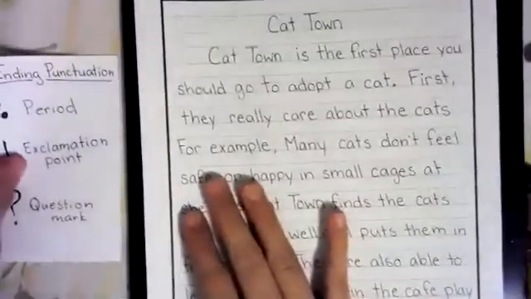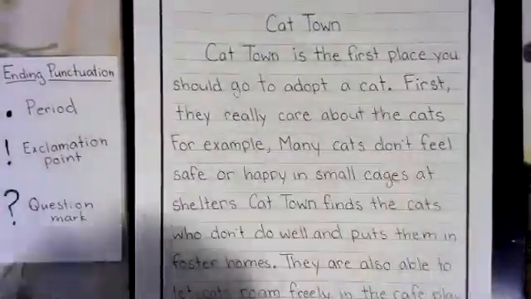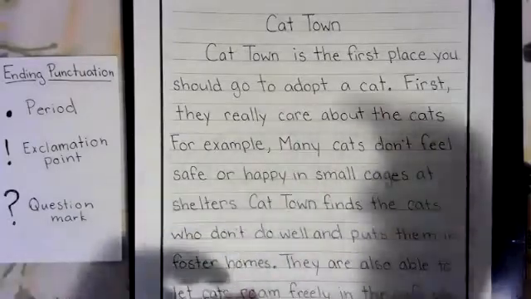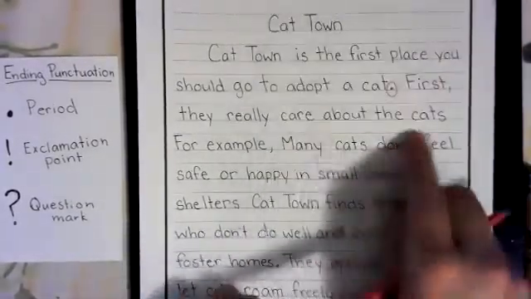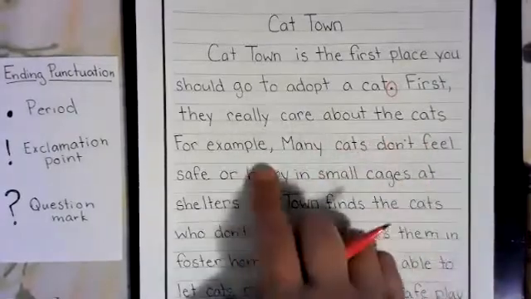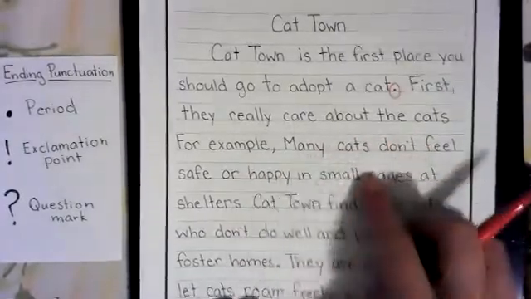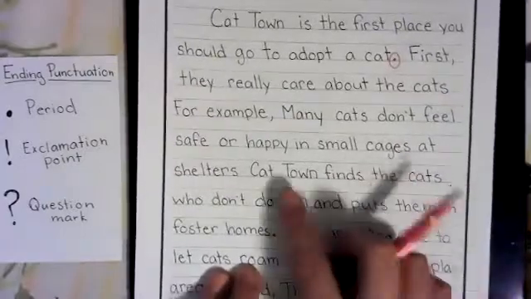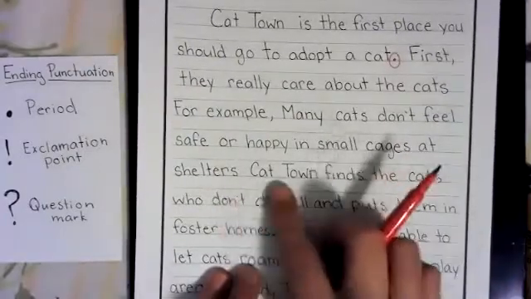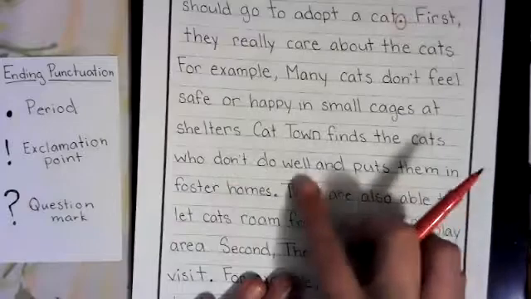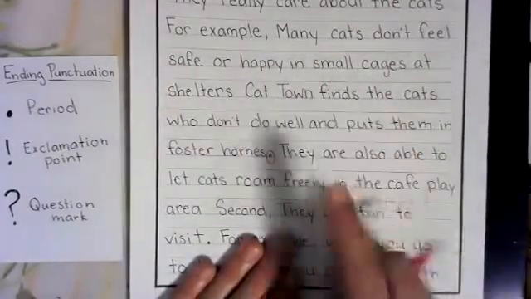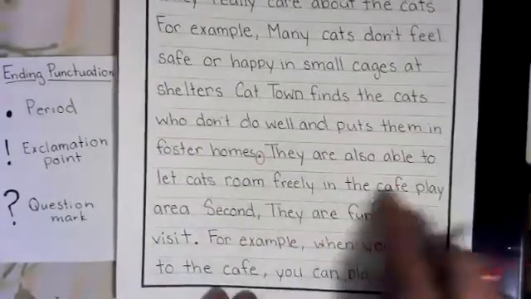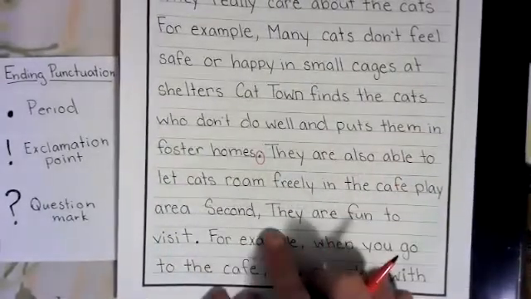It says, Cat Town is the first place you should go to adopt a cat, period. First, they really care about the cats. For example, many cats don't feel safe in small cages and shelters. Cat Town finds the cats who don't do well and puts them in foster homes, period. They are also able to let cats roam freely in the cafe area.